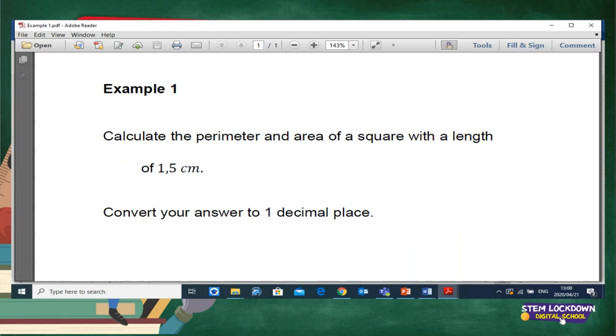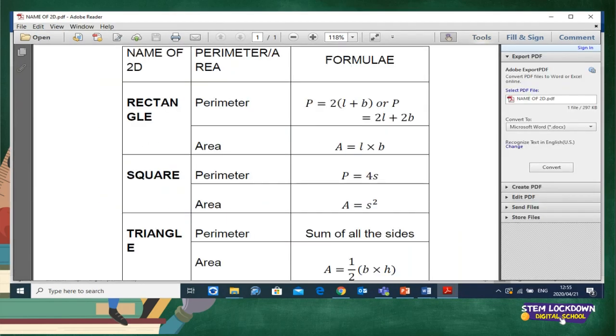Thereafter, you can go to the area. I'm talking about the area now. You can go to the area of a square with a length of 1,5 centimeters. And remember that the formula to calculate the area of a square was given as s squared. So A is equal to s squared.